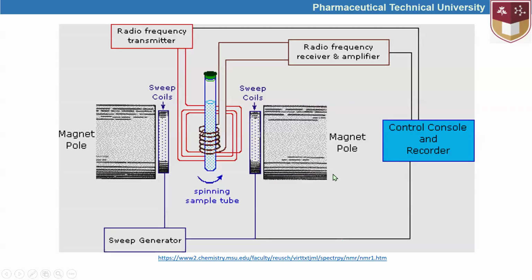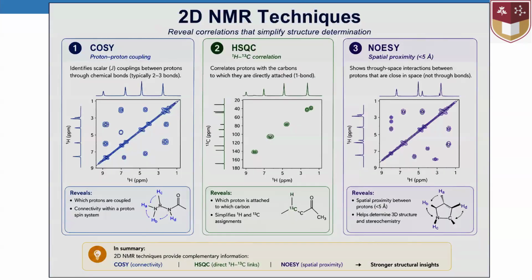Here we can see those things in another figure. Samples are located here, and sweep coils are provided to produce radio frequency, and by using a radio frequency receiver and amplifier, we can obtain the emission. Those data are used to develop the signals which we use for the identification of the compounds.